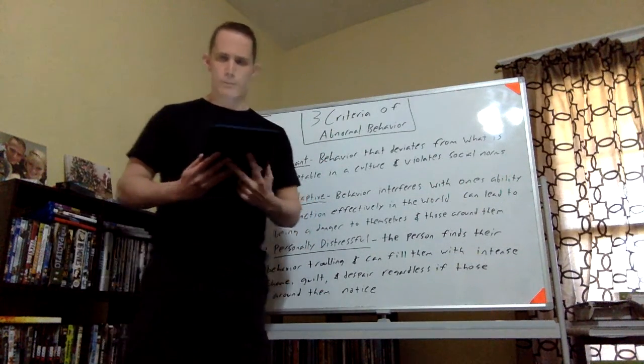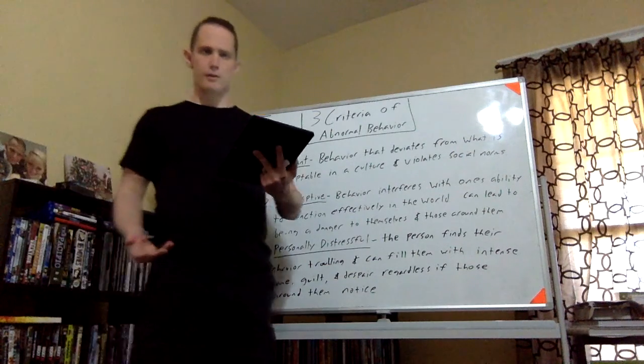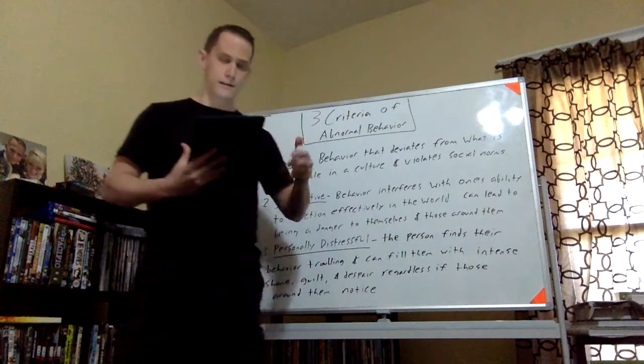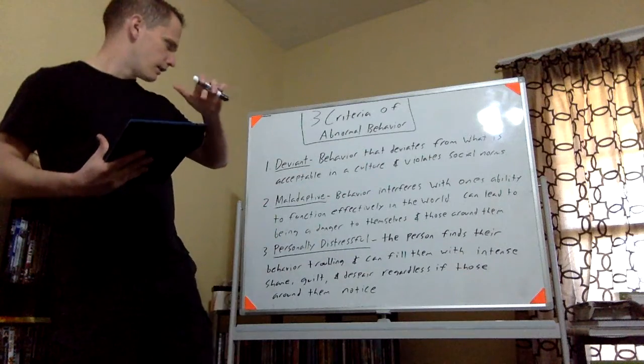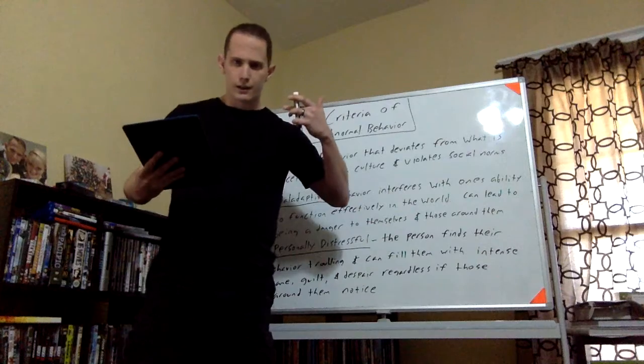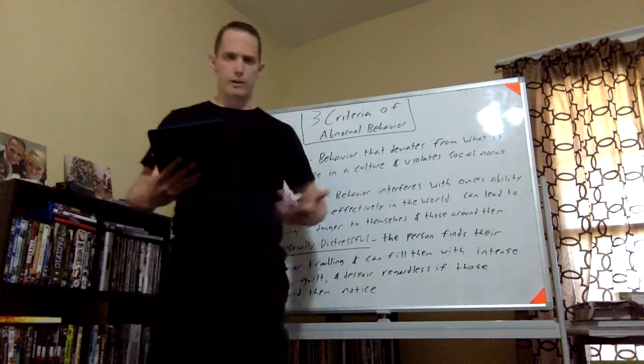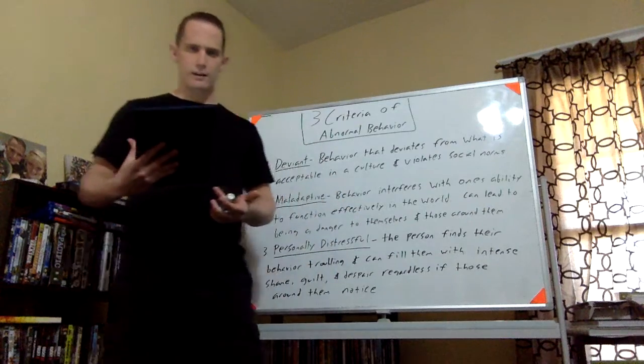It's basically getting in the way of me being a contributing member of society. And yes, it says down here, it can get to the point where this behavior is causing me to become a danger to myself. I might end up hurting myself or hurting somebody around me, whether intentionally or unintentionally.